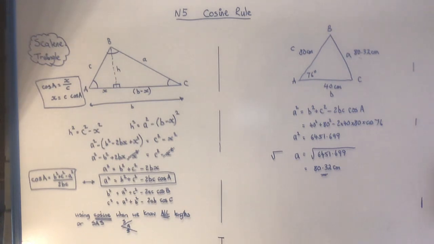Bearings, remember, 3 figures, north all the way back round, so 0 degrees all the way round to essentially back to 0 or 360. That's the bearing type questions, and they tend to cause the most problems if they come up. I haven't seen them recently. It's mostly been very straightforward recently, but we'll do a few of them as well.